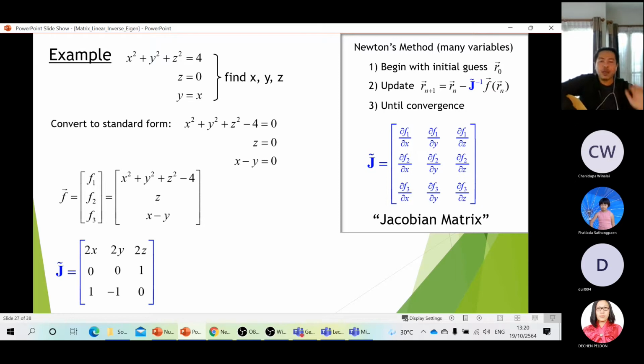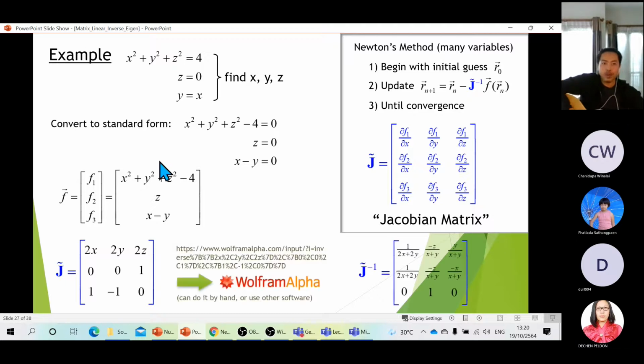So we have all the ingredients ready to proceed to find a solution of this nice equation. Now, to actually proceed to the iteration, we don't really need the Jacobian J. What we need is the inverse of the Jacobian. It is going to be much more difficult to compute the inverse, so I usually use free software.